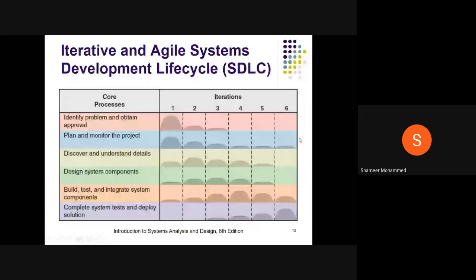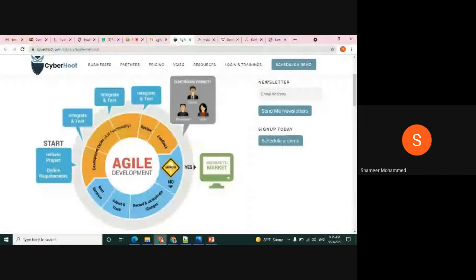What is the process you are going to do in this life cycle of systems development using the agile and iterative development methodology? You will plan and monitor, and then you will repeat 1 time, 2 times, 3 times, 4 times, 5 times, like this, depending on the customer approval and the functionality that you are going to deliver to the customer.